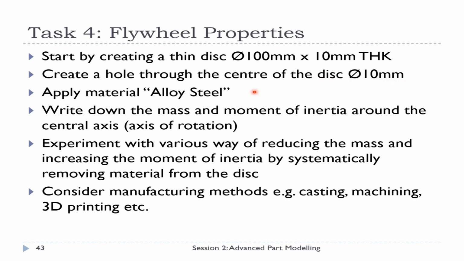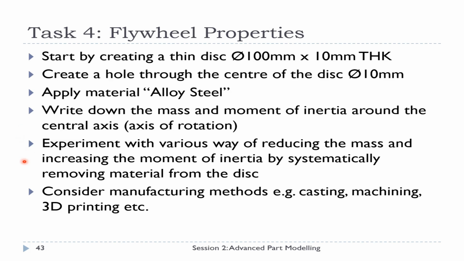Then apply the material as alloy steel. Then go to mass properties and write down the mass and moment of inertia around the center axis, which would be the axis of rotation of your component.